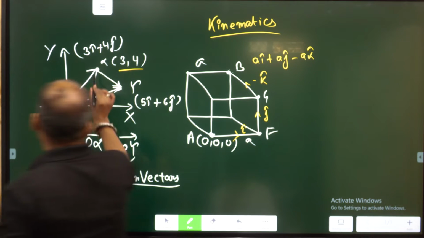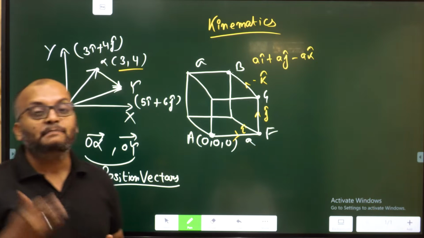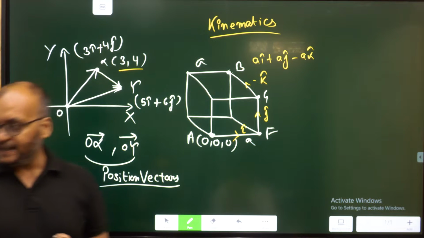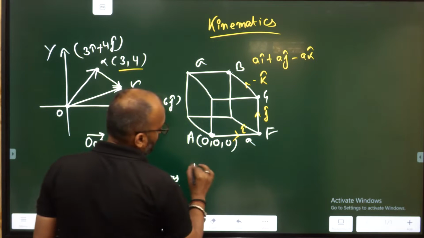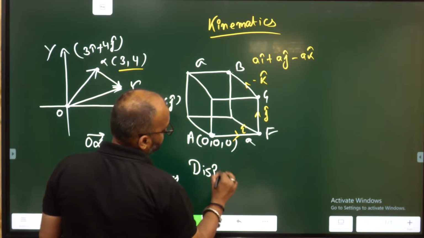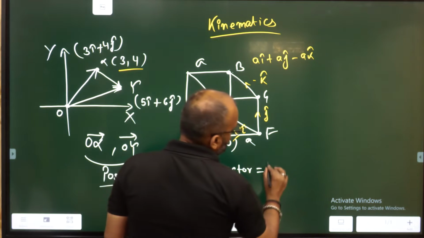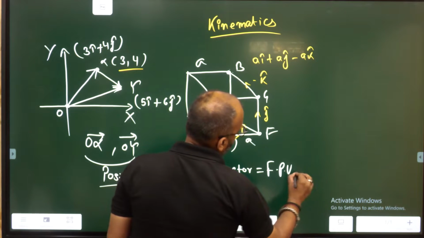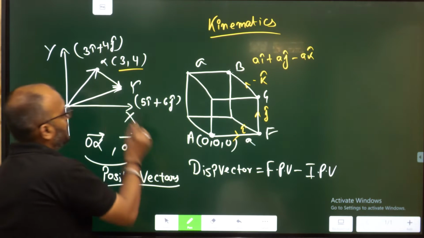Now I want to find the displacement from alpha to gamma. So we call it displacement vector. It is displacement vector, and displacement vector is equal to final position vector minus initial position vector. What is final position vector?